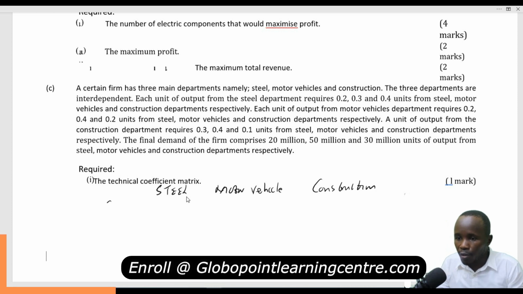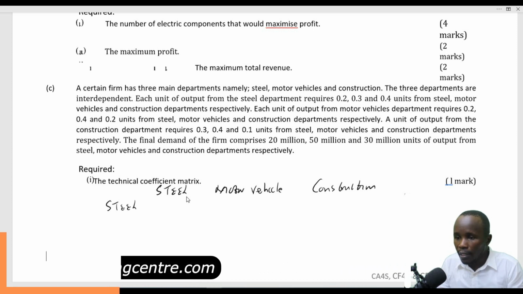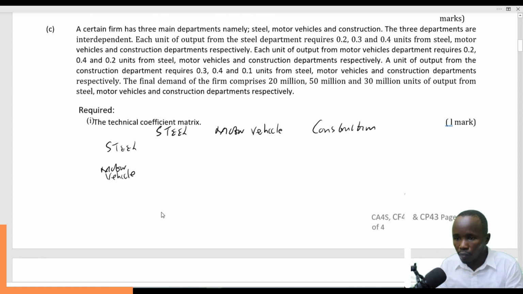Here I'm also going to have steel, also motor vehicle, and construction.